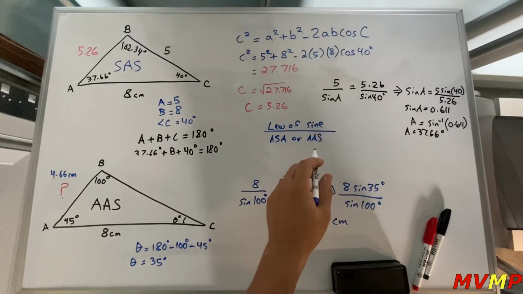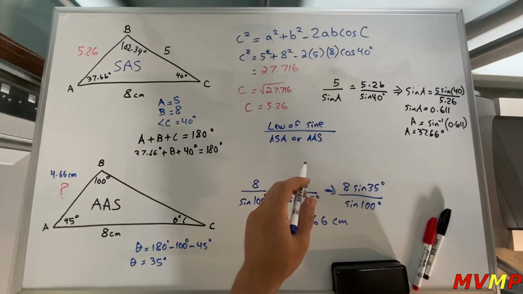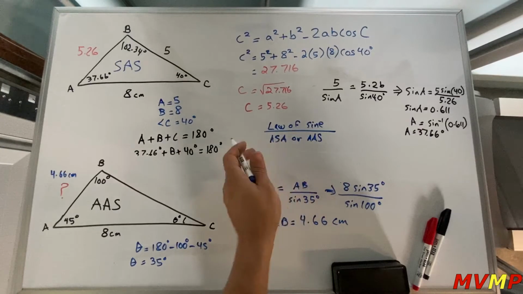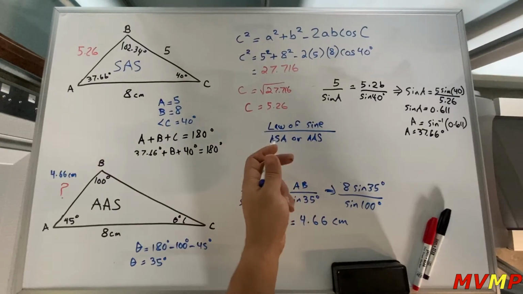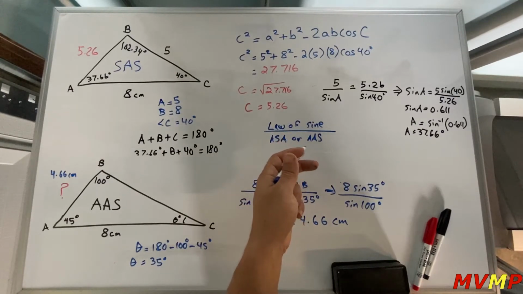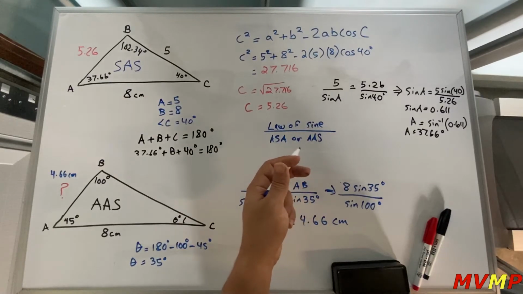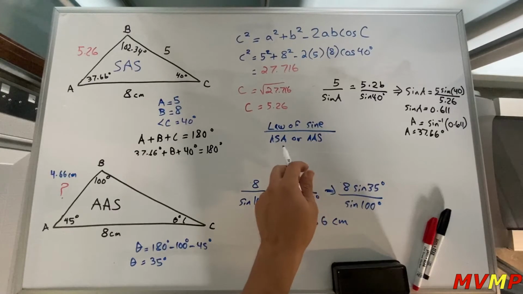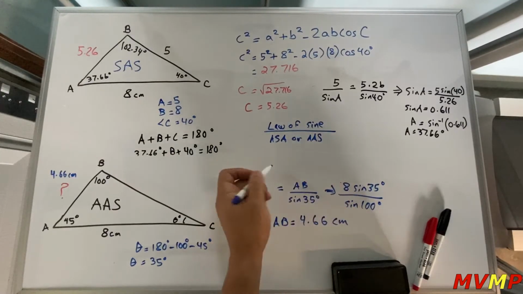In the case that you see SSA, which is the ambiguous case, it means no triangle exists with the given information, one triangle exists, or two distinct triangles exist, but I don't think they're going to give you the ambiguous case. They will give you the law of sines or the law of cosines.